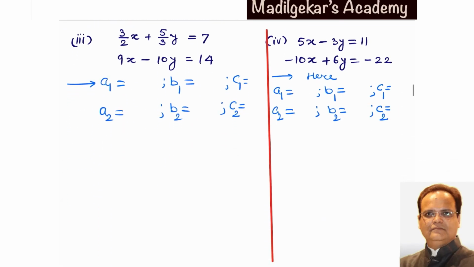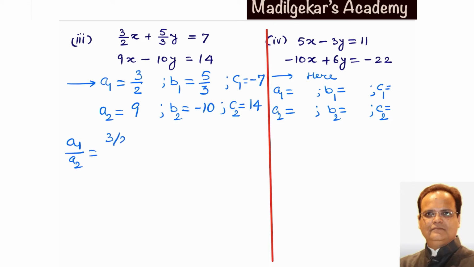Third bit, here A1 is 3 by 2, B1 is 5 by 3, C1 is minus 7, A2 is 9, B2 is minus 10 and C2 is 14. Let us find the ratios. A1 upon A2, this is 3 by 2 upon 9, 3 cancels with 9, so it is 1 by 6.